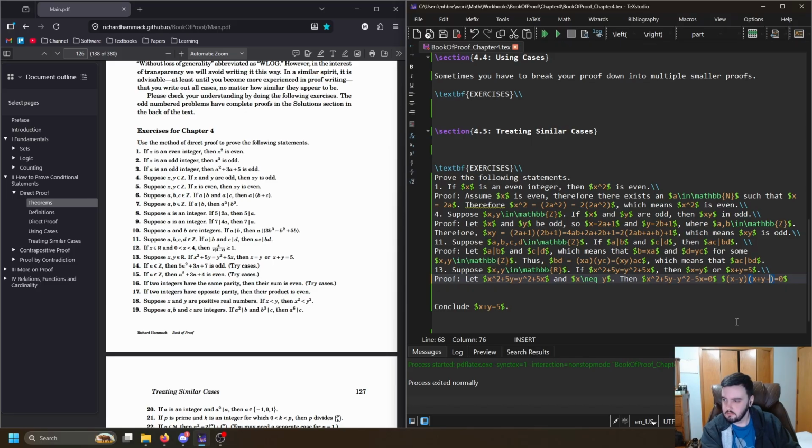Actually, is this it? I think it needs to be y minus x. No, it's x minus y, because we need the x squared to be positive. That's right. This is right, because when you factor this out, you're going to get x squared plus xy minus 5x minus yx, which cancels with the positive xy, minus y squared. Plus 5y. Yep. Okay.